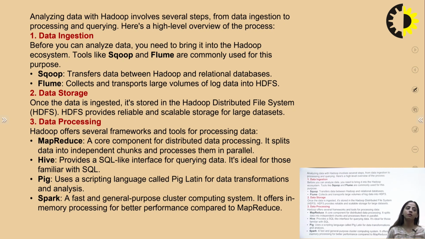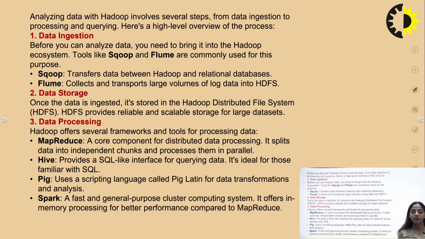Then the third one is data processing. Hadoop offers several frameworks and tools for processing data. These are some of the tools and frameworks. For example, MapReduce, a core component for distributed data processing. It splits data into independent chunks and processes them in parallel. The second tool is Hive.